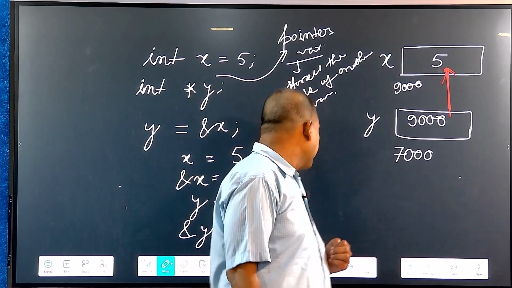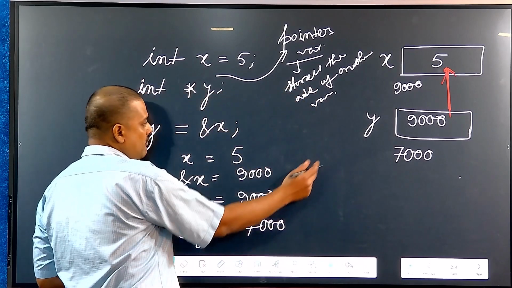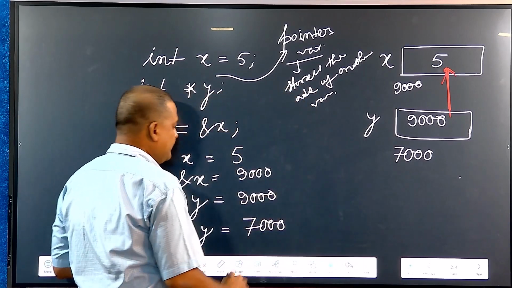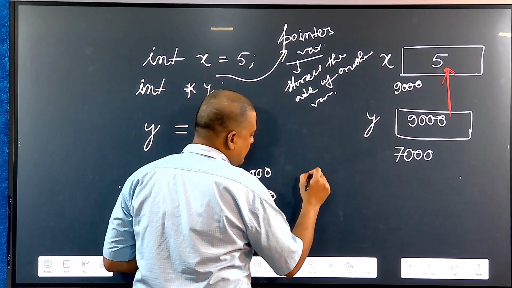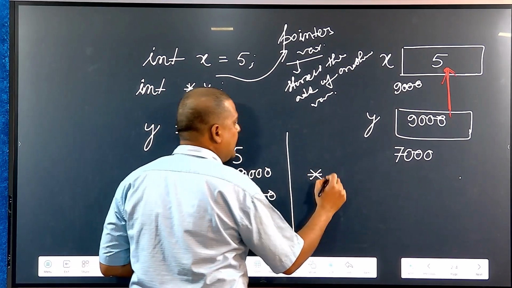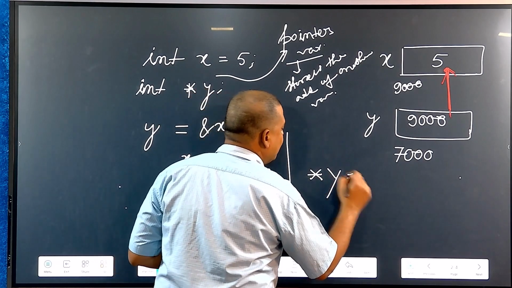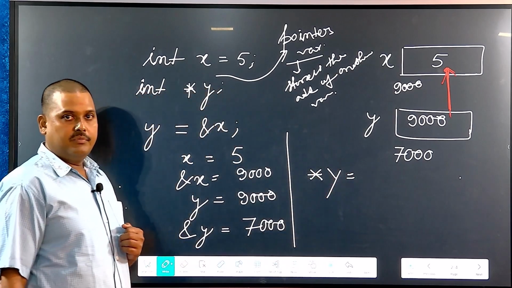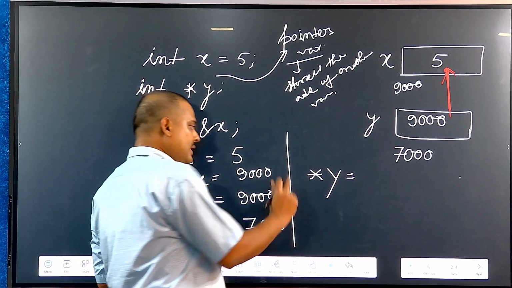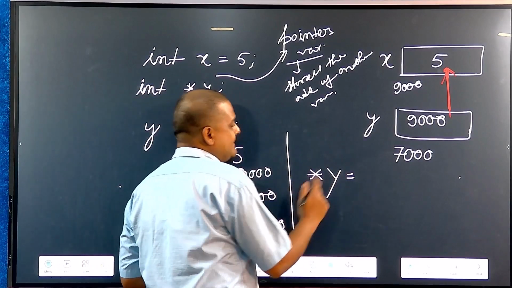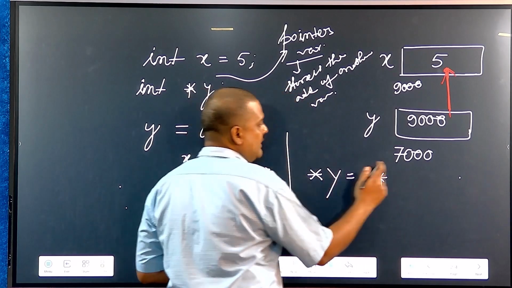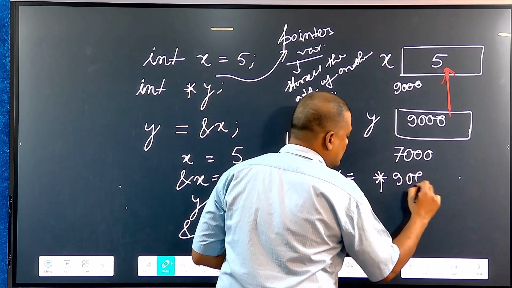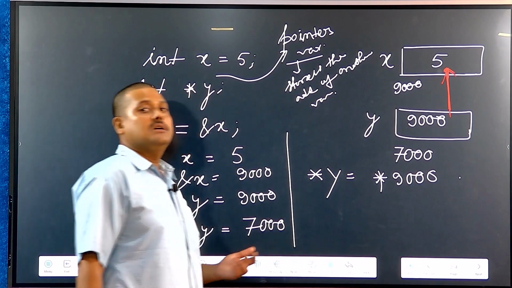Now, our main goal is to store the address of another variable and to access that particular value. So, how will we point to that particular value? Now, if I write pointer of y, then what will happen? By printing this, pointer of y means 9000. What value is it pointing to?